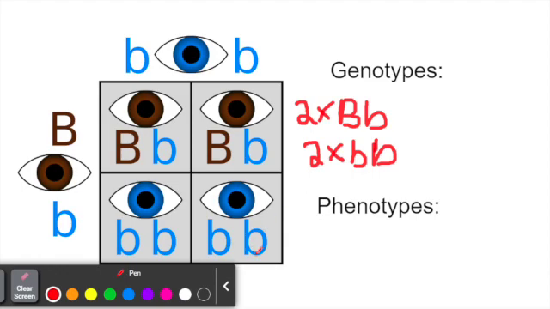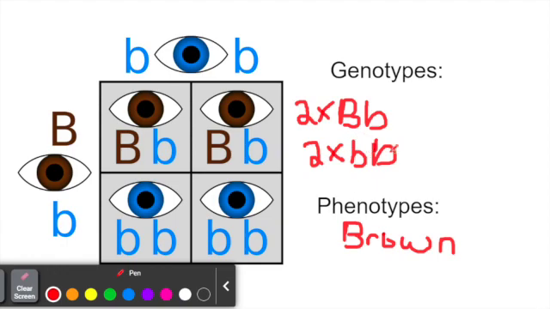Now, when I look at the phenotypes down here, this is where I'm going to figure out what eye color my offspring will have based off of these particular genotypes. When I see big B and little b, the dominant always hides the recessive. So that's going to be brown eyes for those particular offspring, and I have 2 of them.